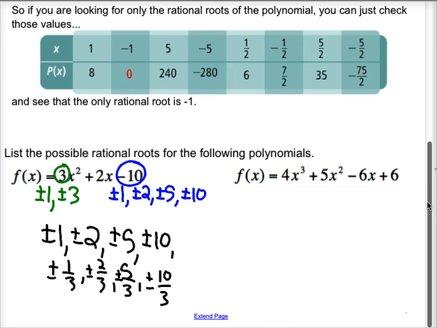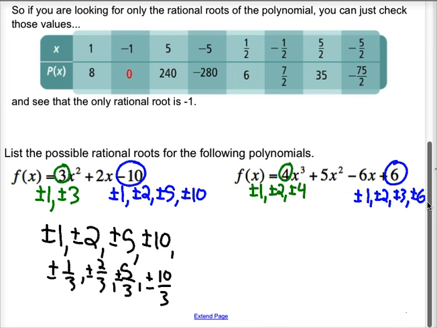All right, so let's try this again. So for my possible rational roots, 4 has 1, 2, and 4. 6 has 1, 2, 3, and 6.